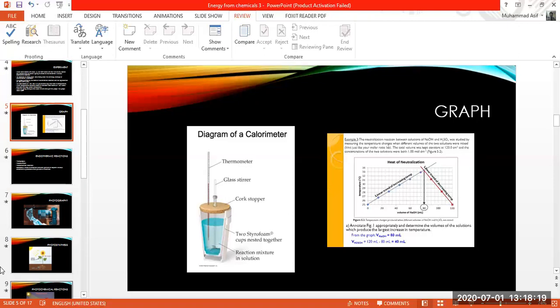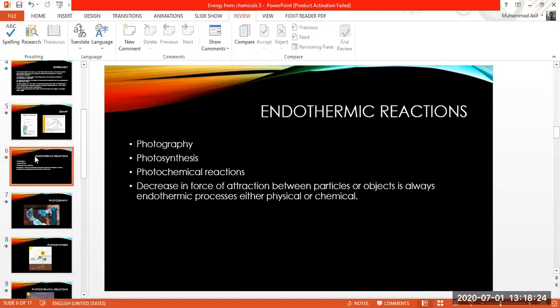Now, some more examples about endothermic reactions. Endothermic reactions are those reactions in which energy is absorbed by the reaction mixtures. That energy is absorbed from the surrounding.